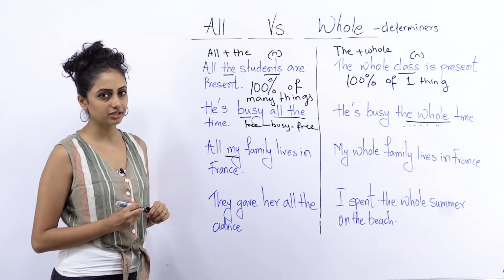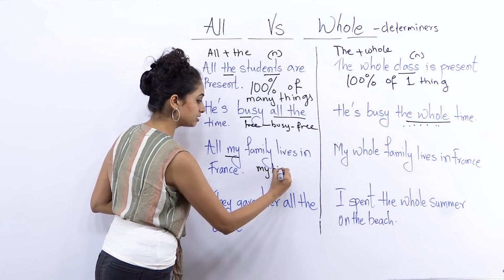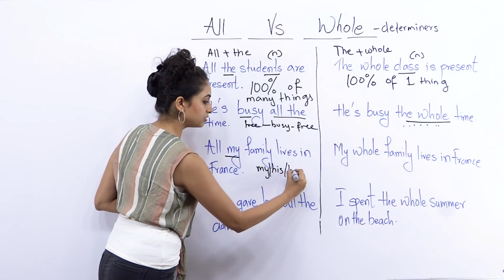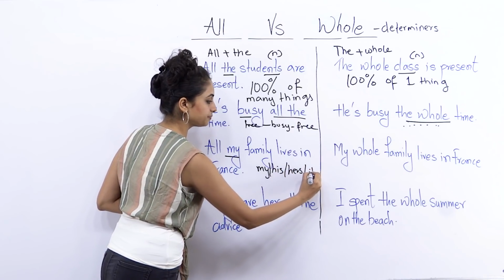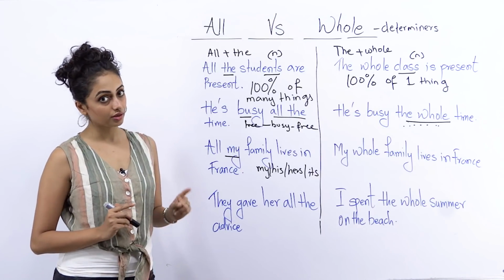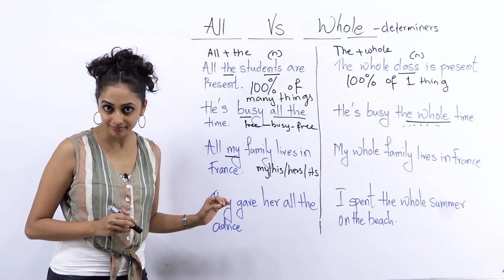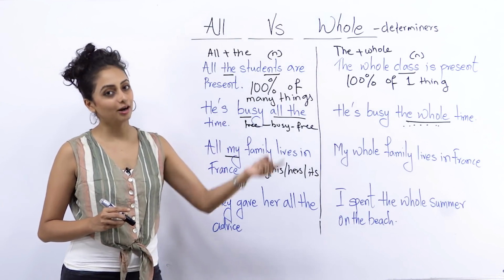Now, what are possessive adjectives? We have my, his, hers, its, right? These are possessive adjectives. Now, whenever we are using possessive adjectives with the word all, it will always come after that.